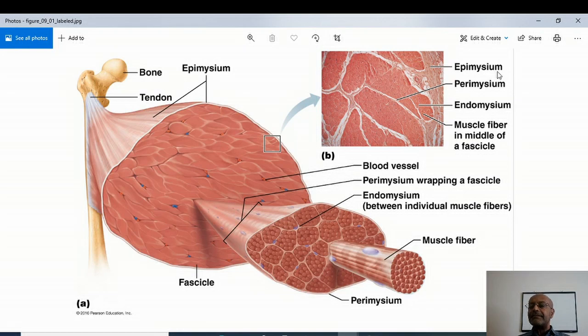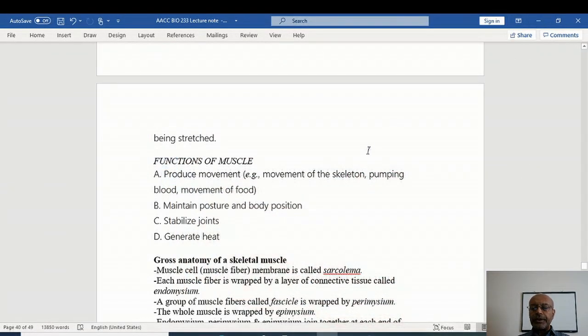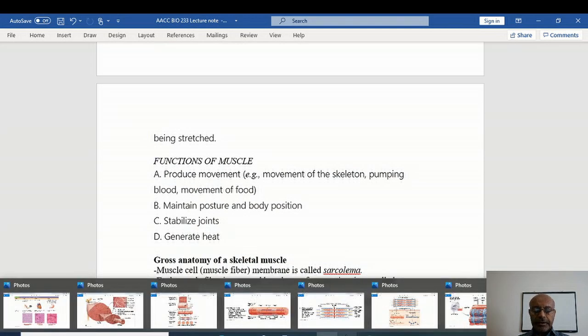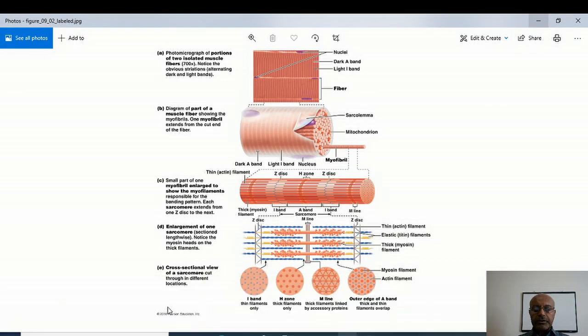And this skeletal muscle cell, when taken out, consists of myofibrils, these stick-like structures.